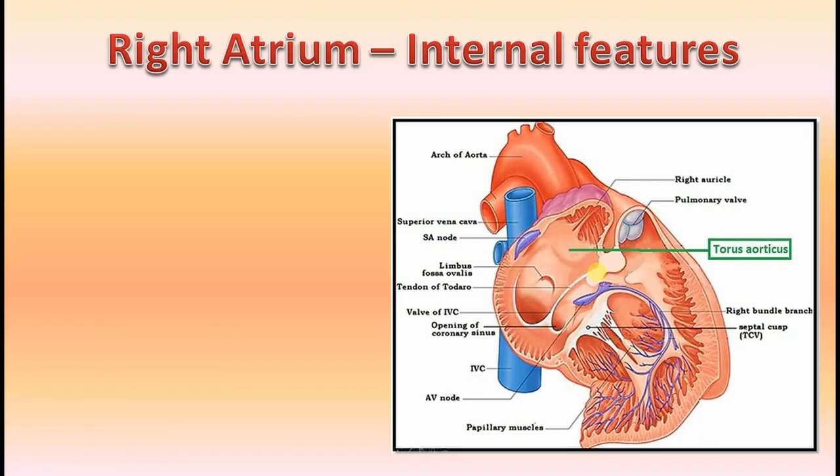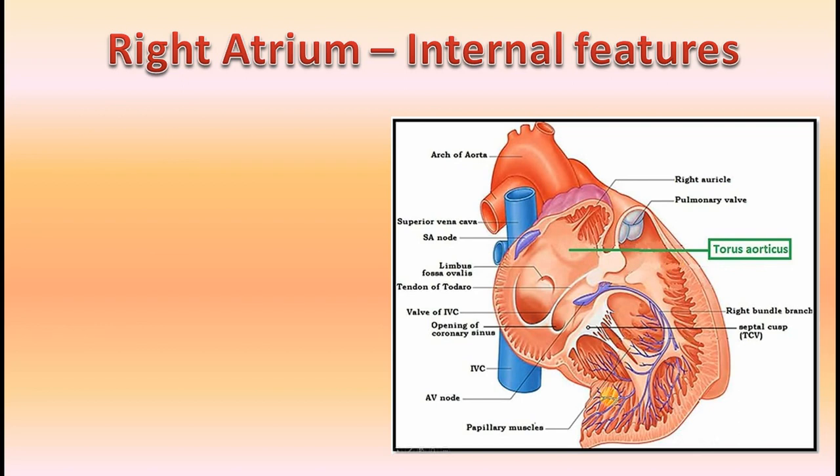So we have seen the openings in the smooth posterior part of the right atrium. Then we have discussed the interatrial septum, mainly viewed from the right surface, the limbus fossa ovalis and the fossa ovalis.